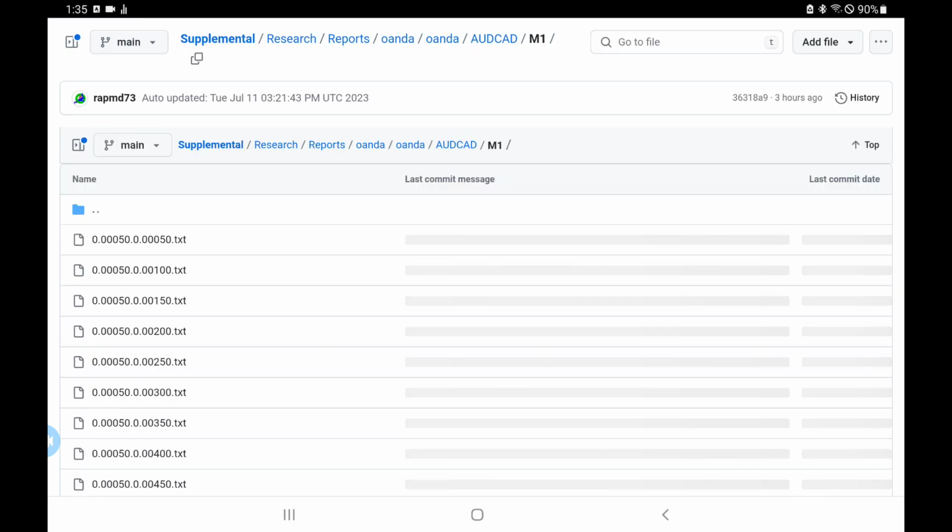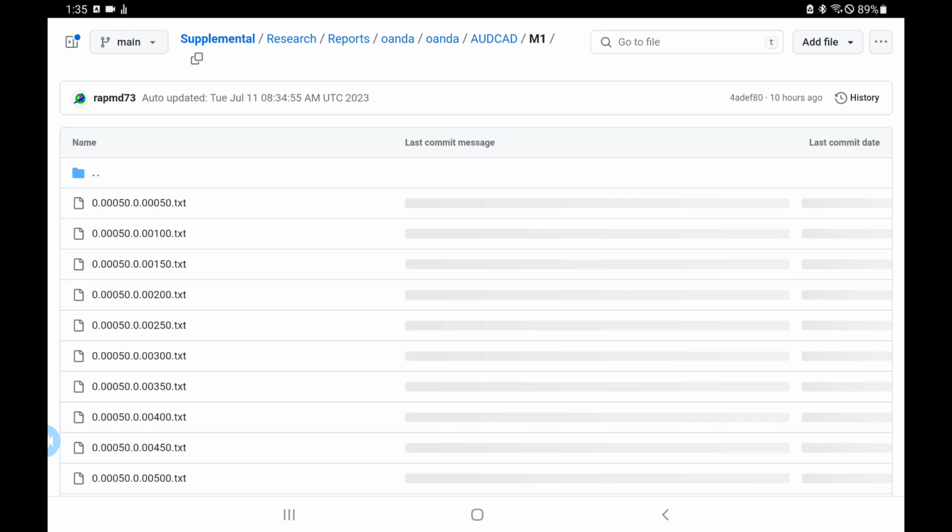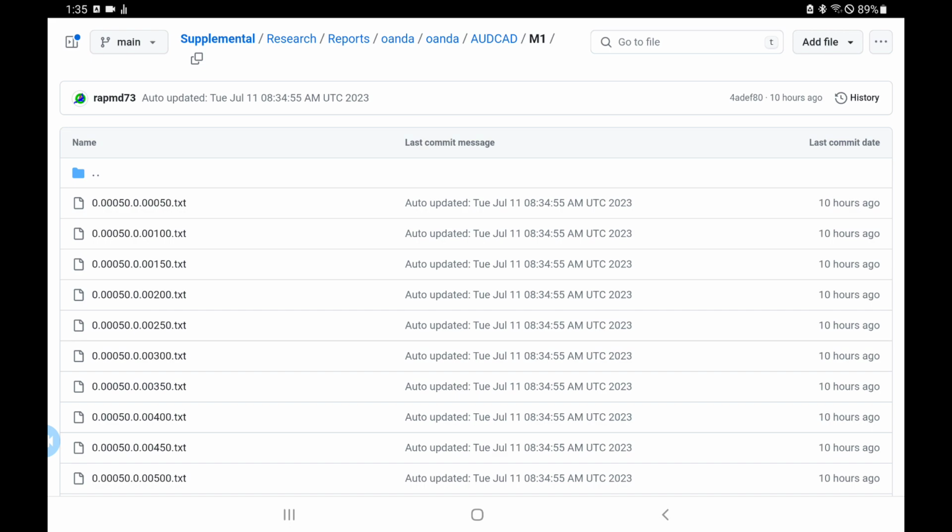And now let's see. Now these numbers are representations of pips. From 5 pips to 100 pips for a take profit, and from 5 pips to 500 pips for a stop loss.